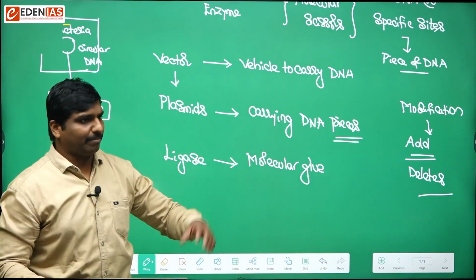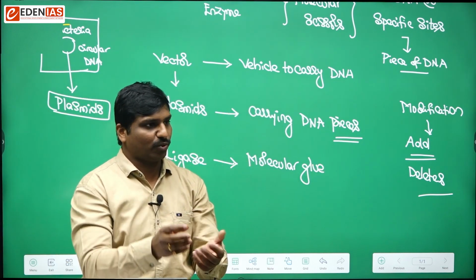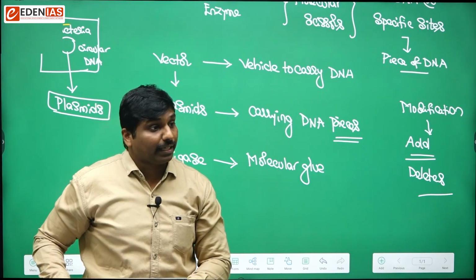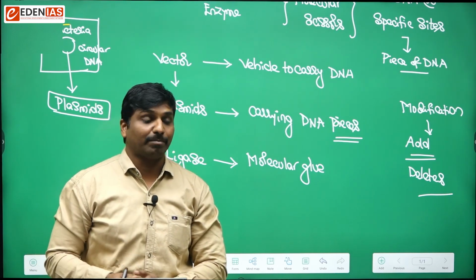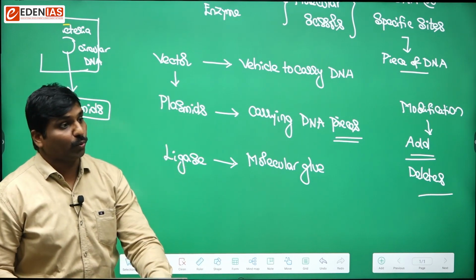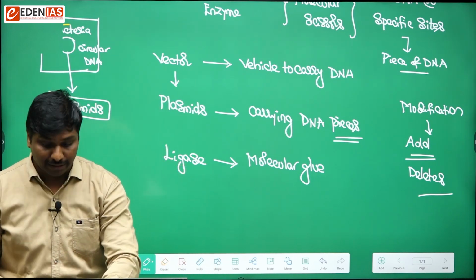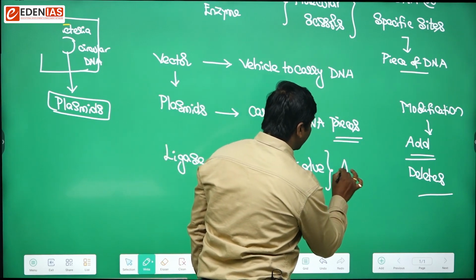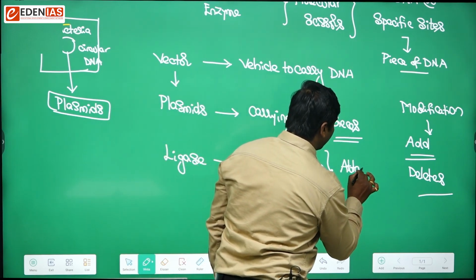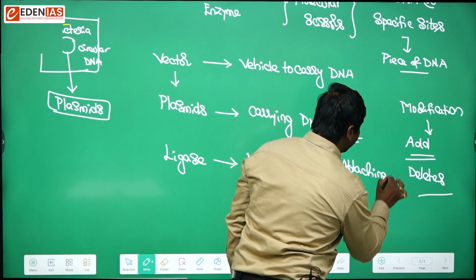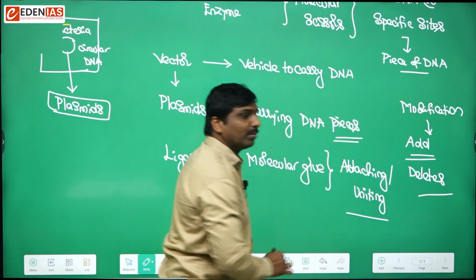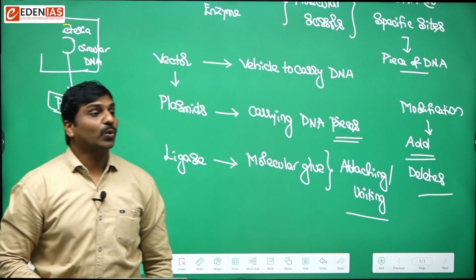Glue means gum, which adds something. When we add glue, it would be attached. So the ligase enzyme is known as molecular glue, which helps in the process of attaching or uniting DNA fragments.